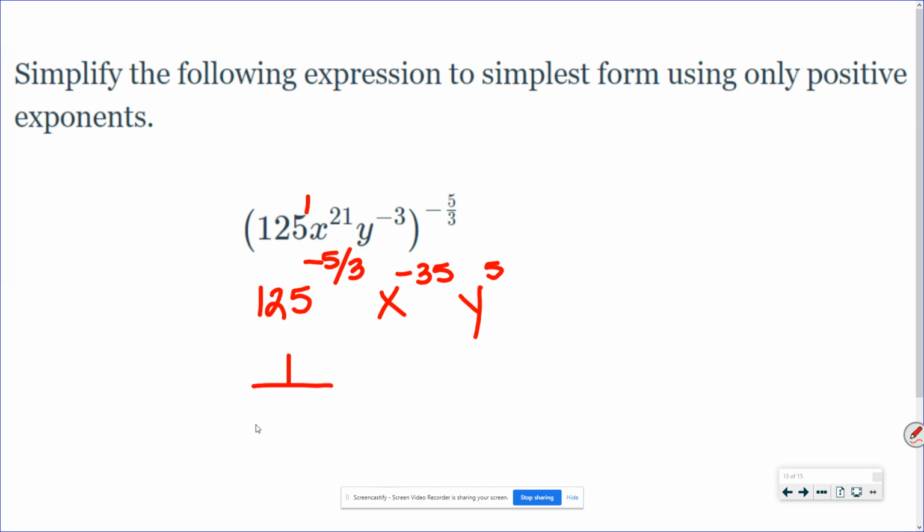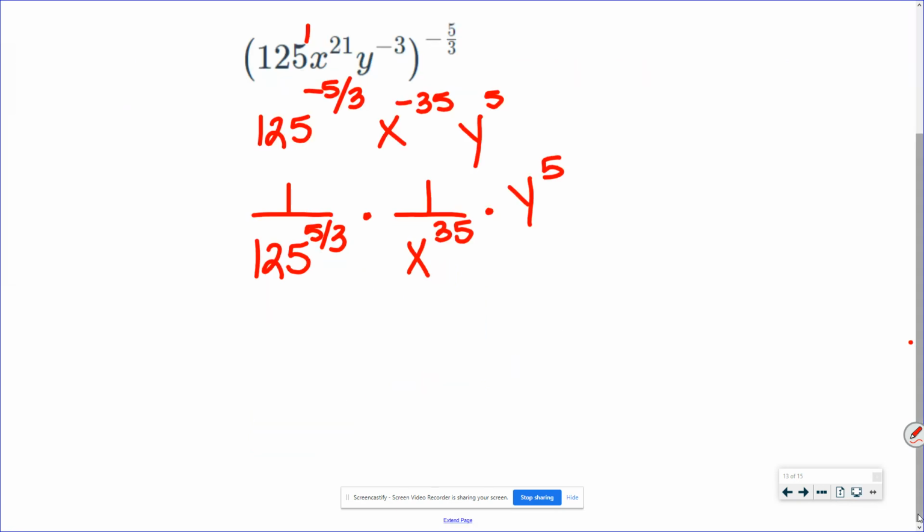Write your negative exponents as fractions. So I have 2 fractions here, and then y to the 5th will stay the same. Okay, and then I'm going to work on this value over here. I need to rewrite it as a radical. This would be the cube root of 125 raised to the 5th power.